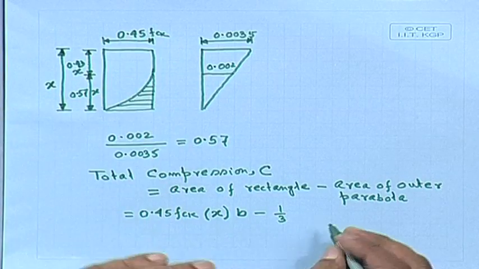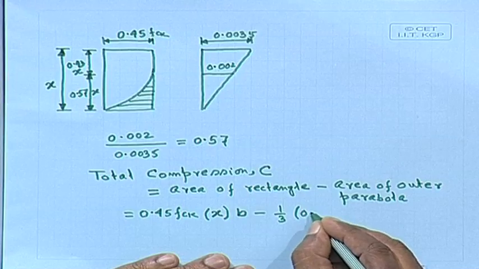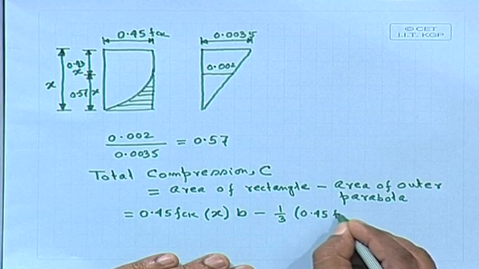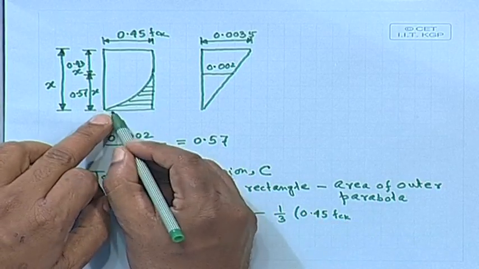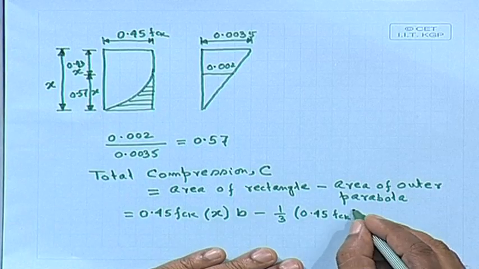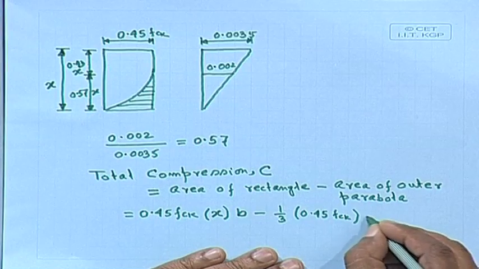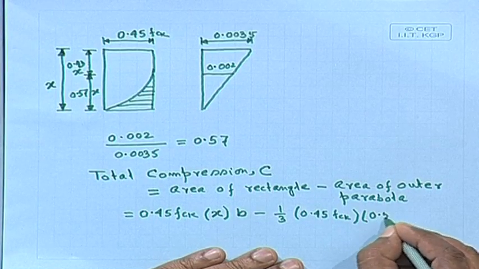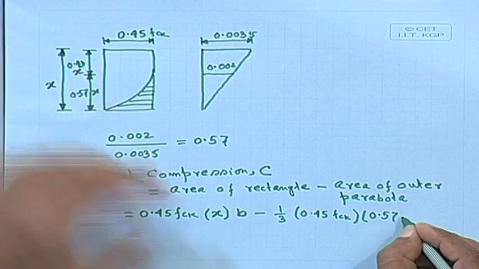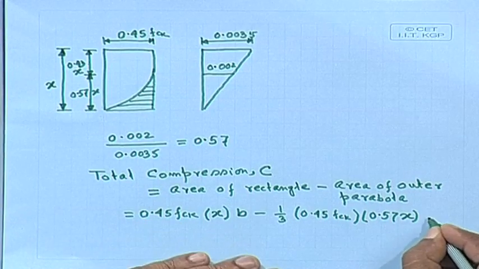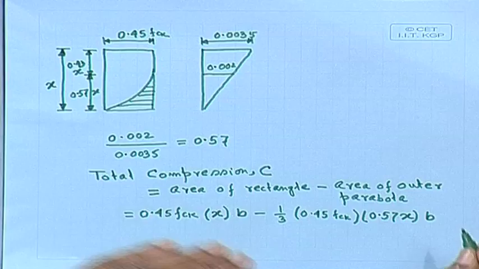We have to find out this area, 0.45 FCK, this one also 0.45 FCK, multiplied by 0.57 x, multiplied by the area, width b.